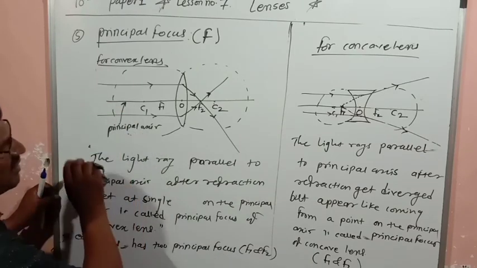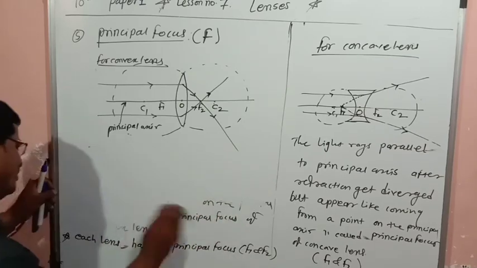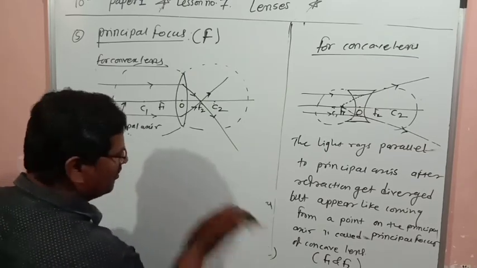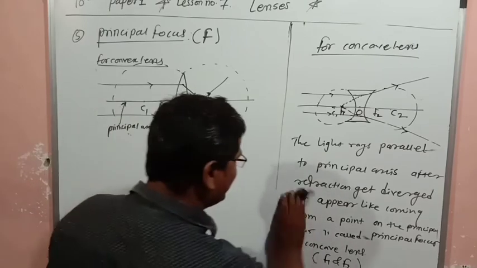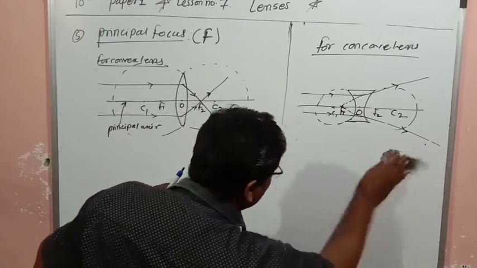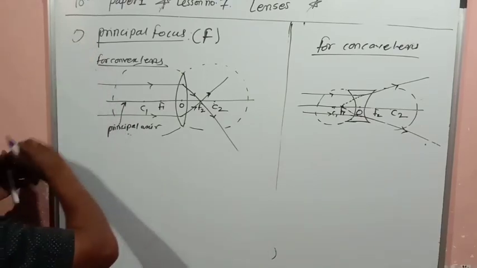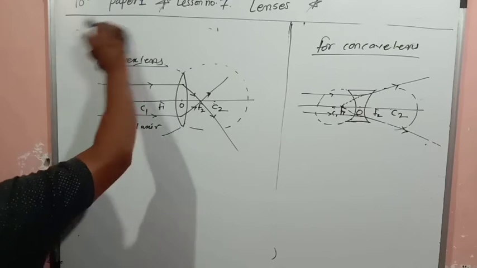Just the diagrams I will give, and then I will write the definition. The diagram will be the same, no problem. On the same diagram all that explanation is there.